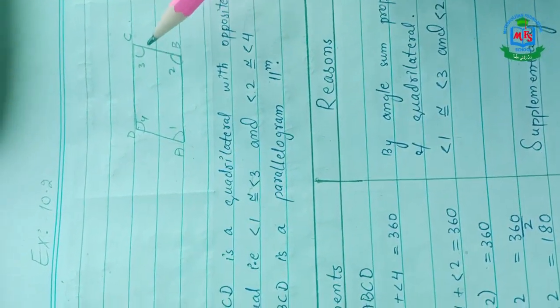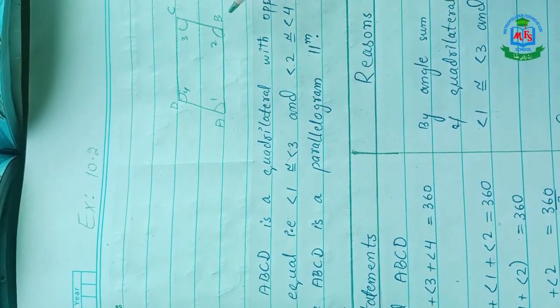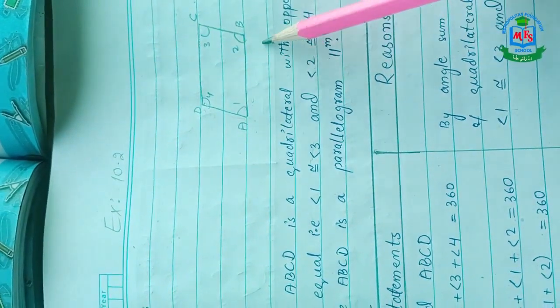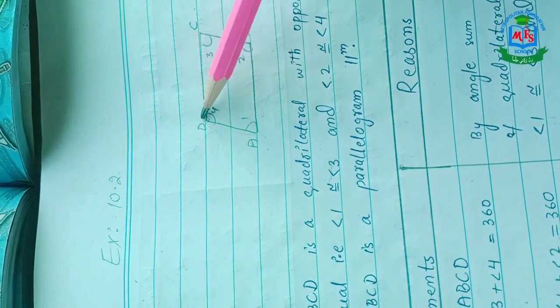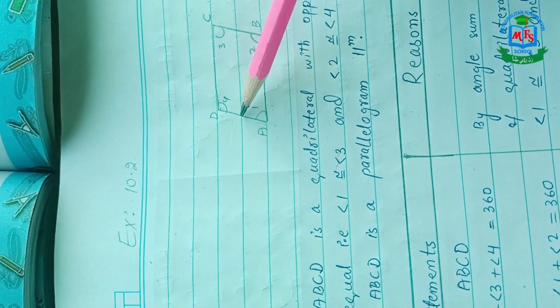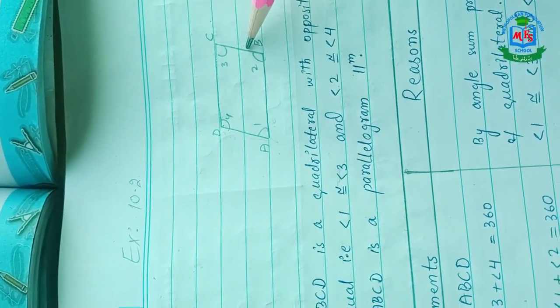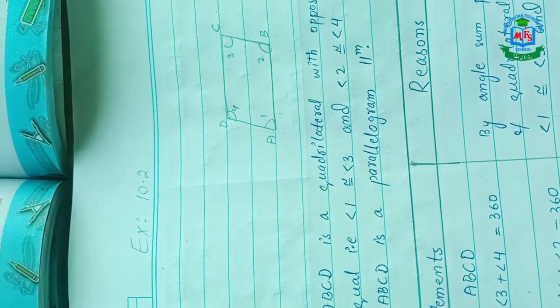You can see that these two lines are straight, and also these two lines are straight, and these two lines are equal in size. If this line is 2 centimeters, then this line will also be 2 centimeters. So we can say that the two lines are congruent.